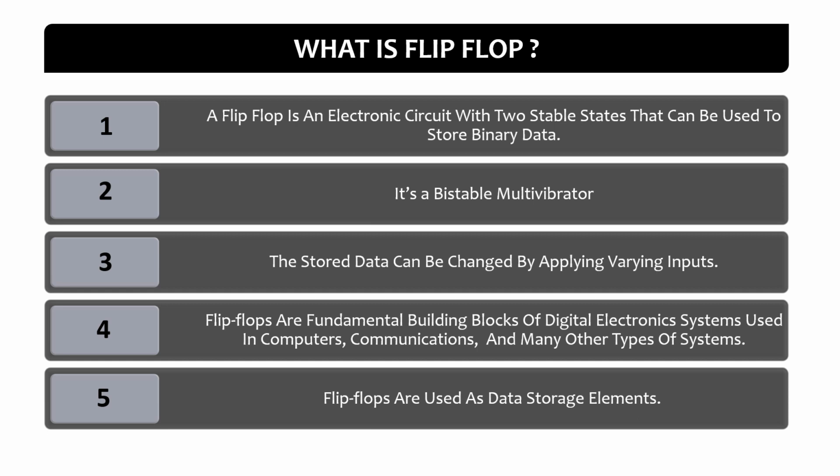Because a flip-flop is a type of sequential circuit, whatever output we get becomes the input for the next state. So to use that output in the next state, we need to store it temporarily, and for that we can say a flip-flop can be used to store binary data.